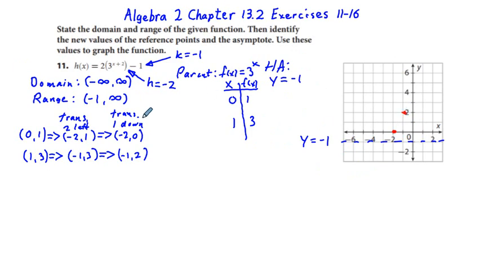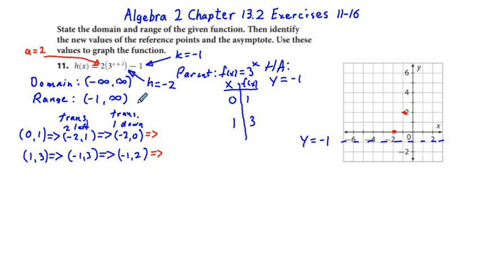Okay, and the last thing we're going to do here is we have a is equal to 2. I'm going to arrow this right over here. So I'm going to put a is equal to 2. Well, this is our factor by which we vertically stretch this function.